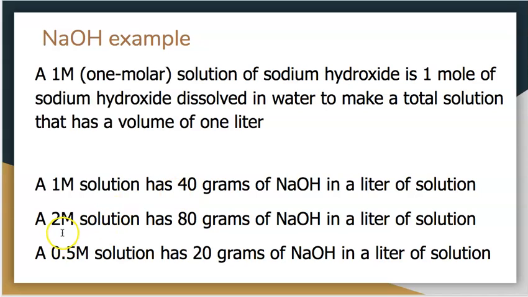A 2 molar solution has 80 grams in that same amount of solution. So the amount of liquid didn't change, but now there's twice as much NaOH dissolved in it. A 0.5 molar solution has half as much. It has 20 grams dissolved.